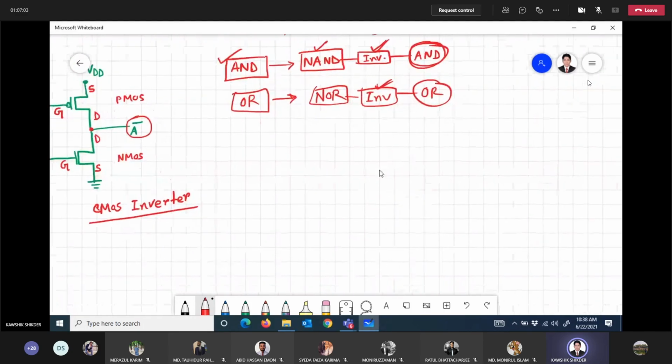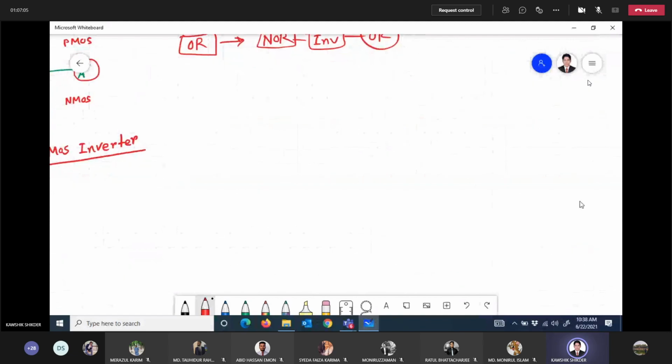Now let's try to draw CMOS NAND. Before that, if you know this table, the implementation will be much simpler. Whatever the function or equation, the upper portion is PMOS and the lower portion is NMOS, that you know already.